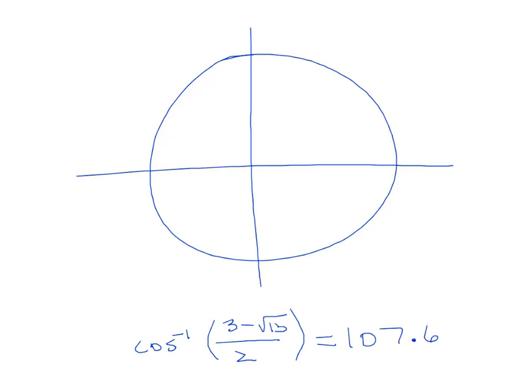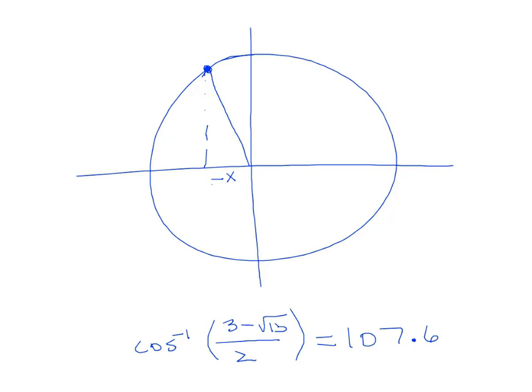So that's over here in quadrant 2. But there's also another place where the cosine is negative, right? Because here the cosine is negative. Is that correct? So pay attention. We'll go over this again next week.